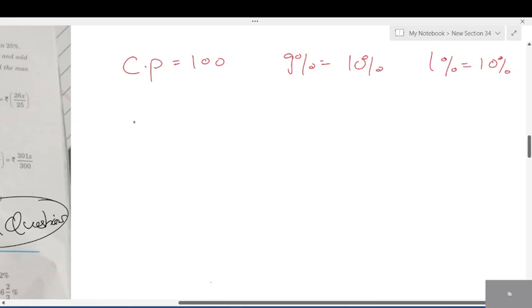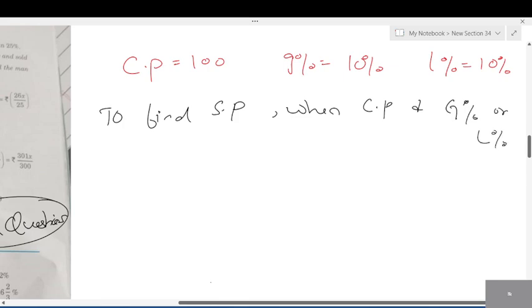So we have four formulas, students. Those four formulas are to find selling price when cost price and gain percent or loss percent is given.